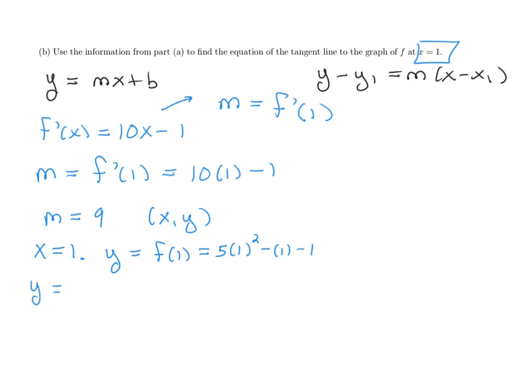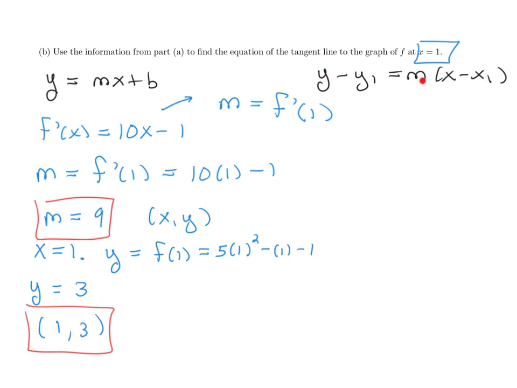So y is equal to, okay, so that's 5 minus 2, it's 3. So we have a point. We have 1 for x and 3 for y. So here is my slope, and here is my point. If you use this version of the equation of the line, it's very simple.